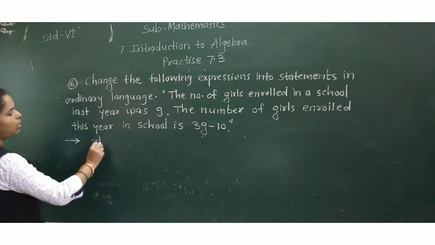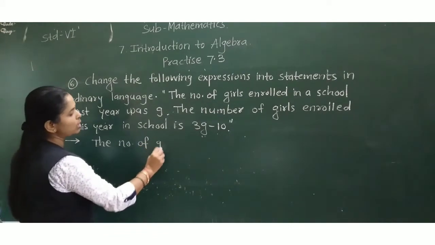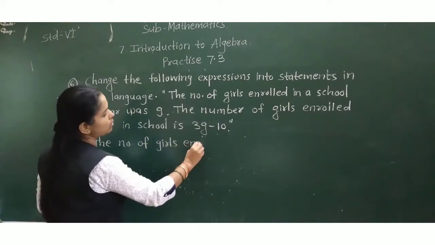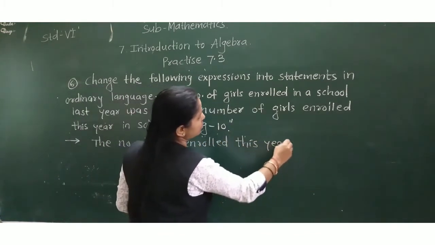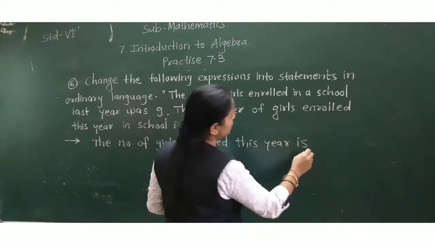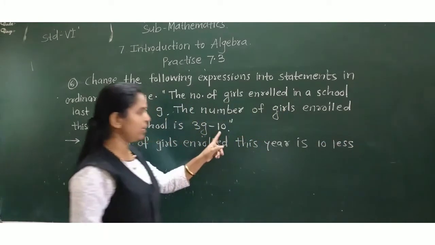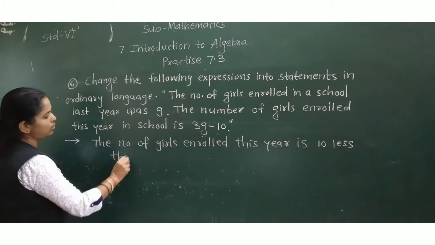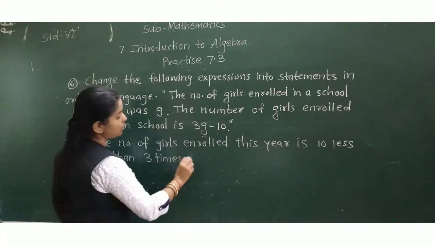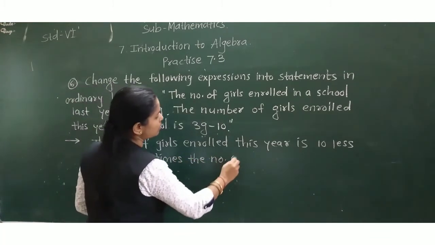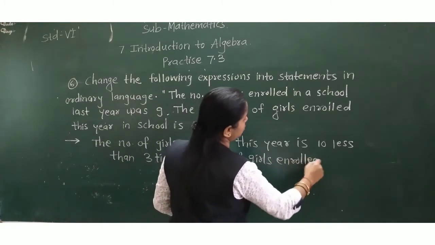See here, 3G minus 10 means the number of girls enrolled this year is 10 less than 3 times the number of girls enrolled last year.